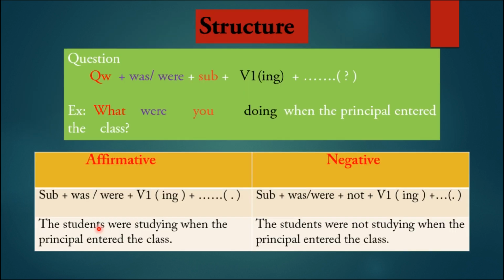Let me give the structures of past continuous tense. Children, first let us look at question structure. Many a time, a question sentence begins with a question word. Of course, some questions do not begin with question words. They are called yes or no type questions. They begin with only helping verbs. These two are called helping verbs here.